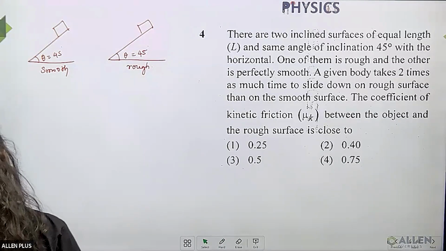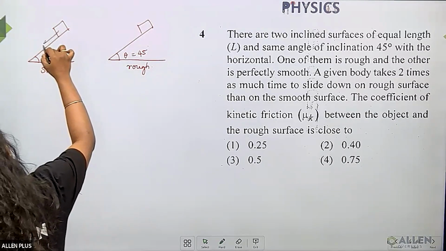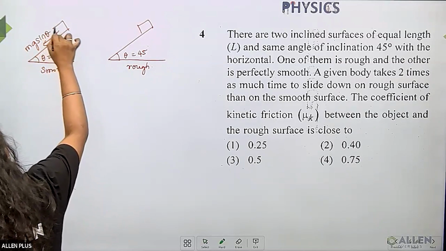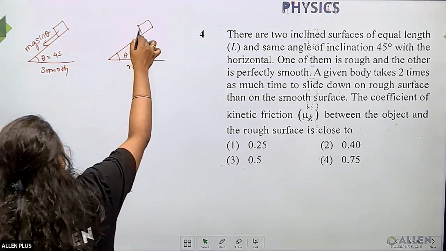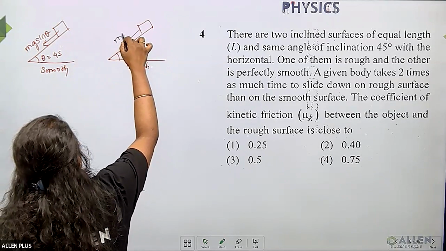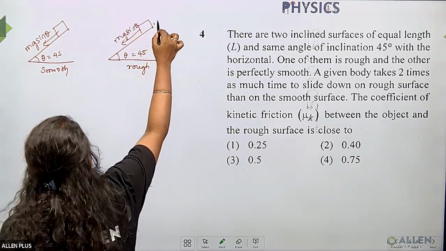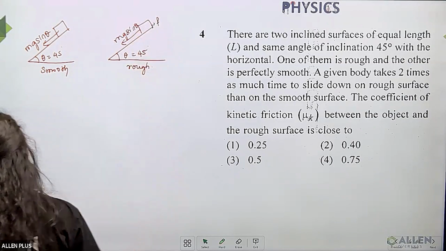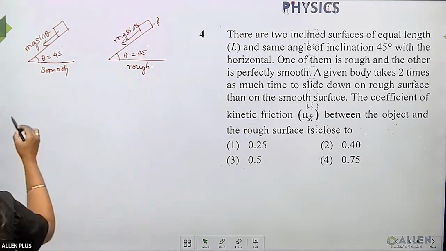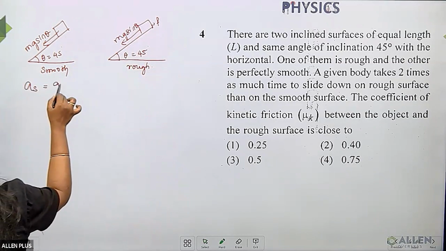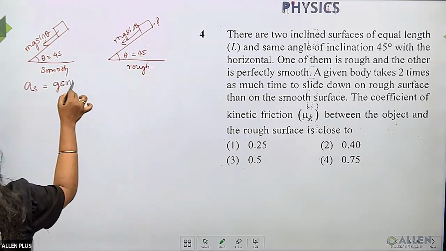So here, when an object is kept, we have in this direction the mg sine theta component. Similarly here also we have mg sine theta. Along with that, friction is also going to be there. Now, talking about acceleration, the acceleration on the smooth surface is g sine theta.